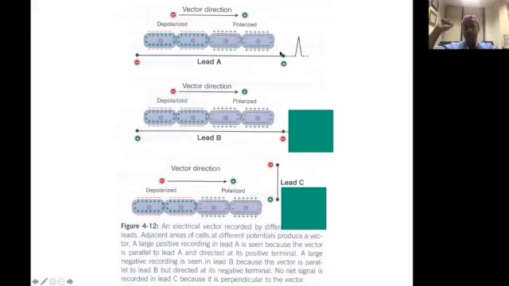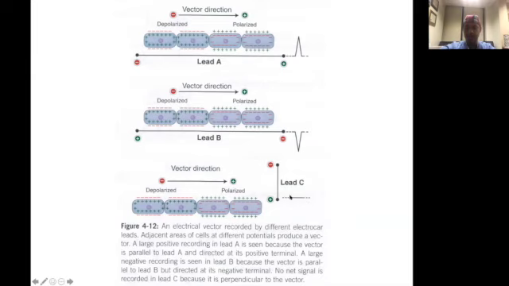Now, what happens if I switch the negative and the positive? For the same electrical activity, I'm going to get a negative deflection. Okay. What happens if I put my leads perpendicular to where the electrical activity is, which is how lead C is placed?